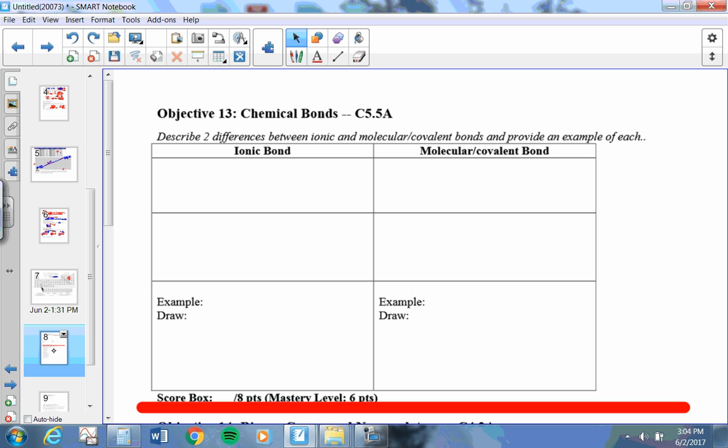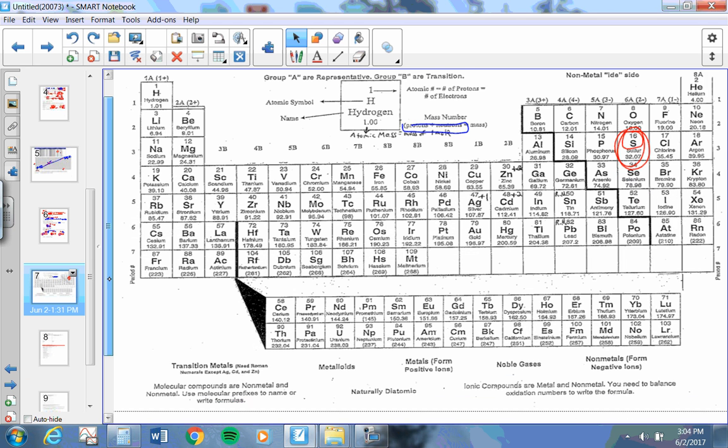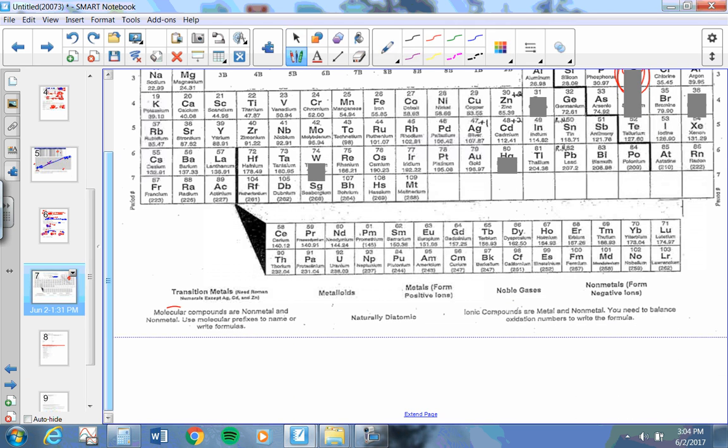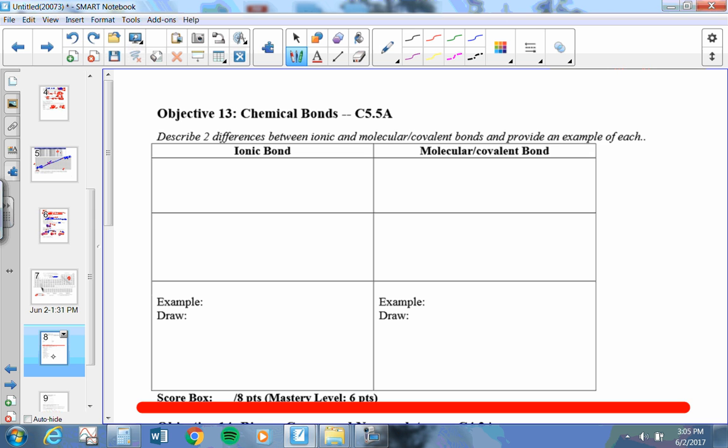Next page. What are we going to say about differences between ionic and molecular or covalent? Well, I remember they wrote it down here that says something about molecular are nonmetal to nonmetal. So when I go to this one here, differences between them. Molecular are non-metal to non-metal.